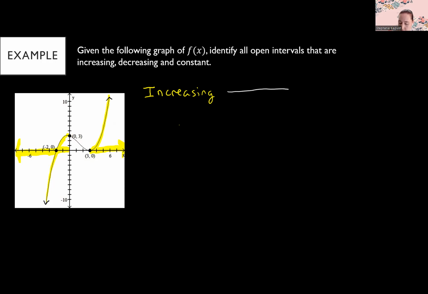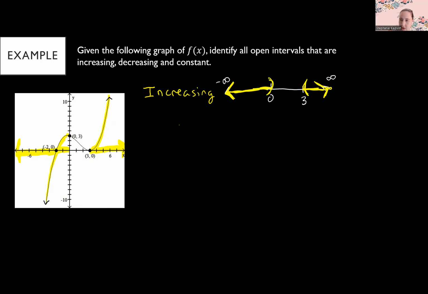So I'm going to draw my number line, and I have to put the endpoints on there. It looks like at x equals 0 is where we stop and switch to decreasing. And then at x equals 3, we start increasing again. So copying my shading here, we want open intervals, which are parentheses.